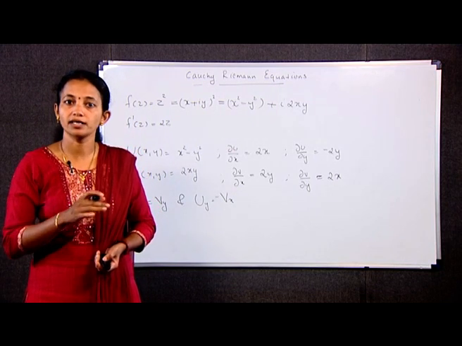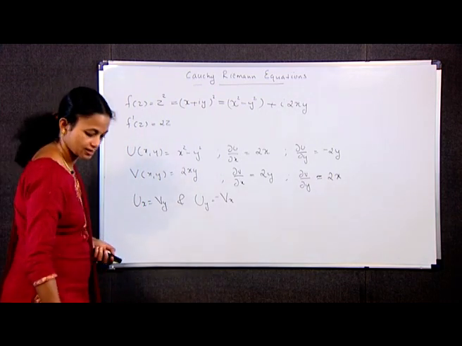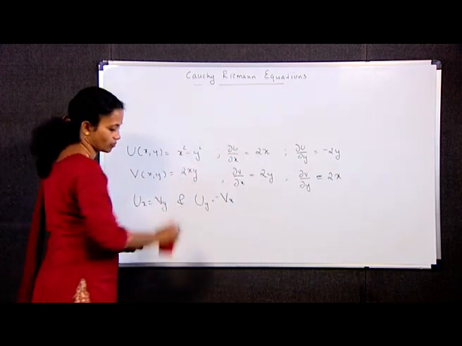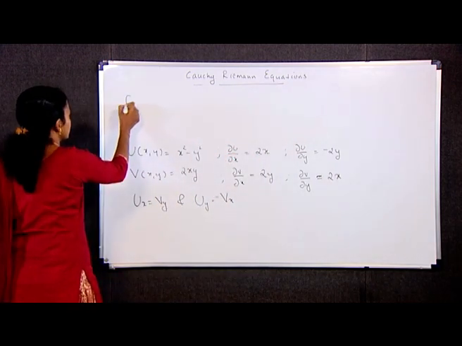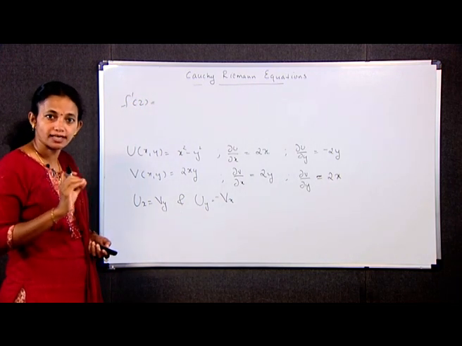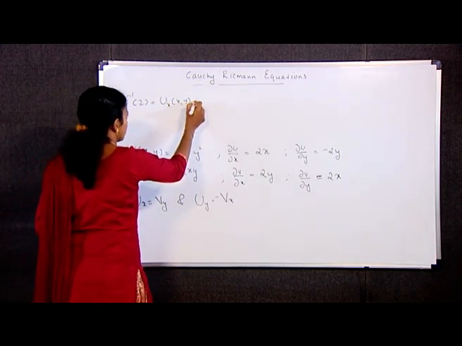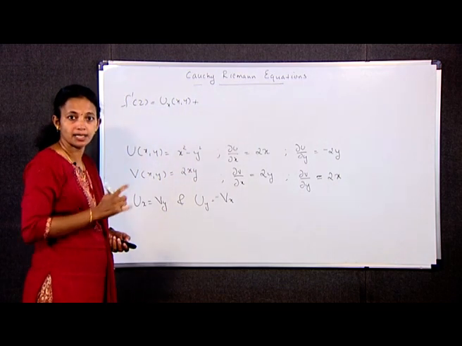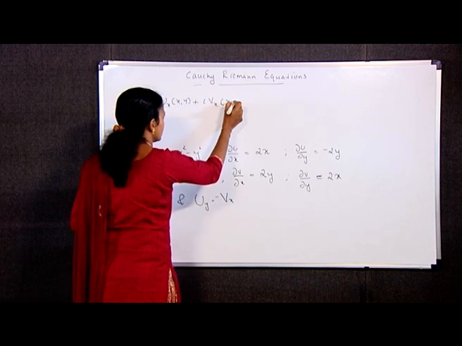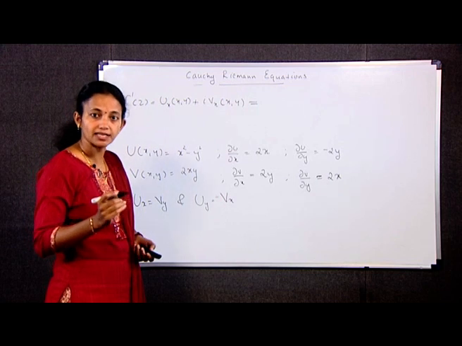Also, by the formula given by 3, at any point z, we can write f dash z is equal to u_x plus i v_x, which is equal to 2x plus i 2y.